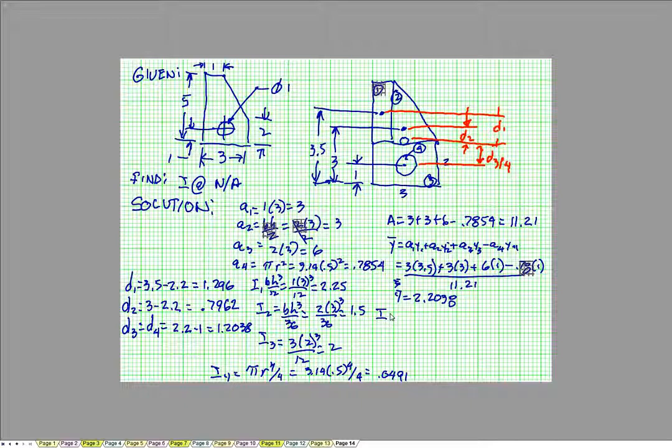So now our total moment of inertia. Remember, I equals the summation of I sub O plus AD squared.